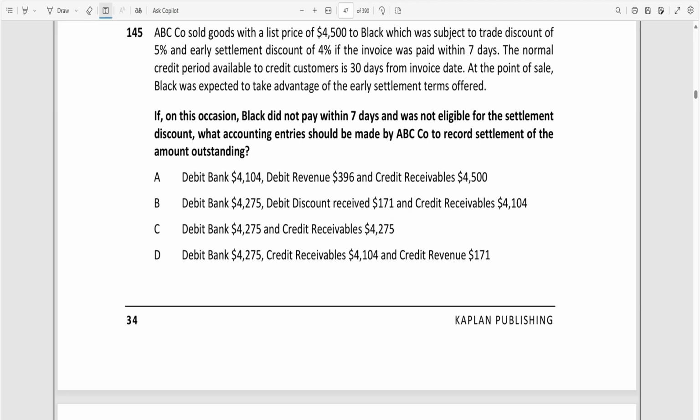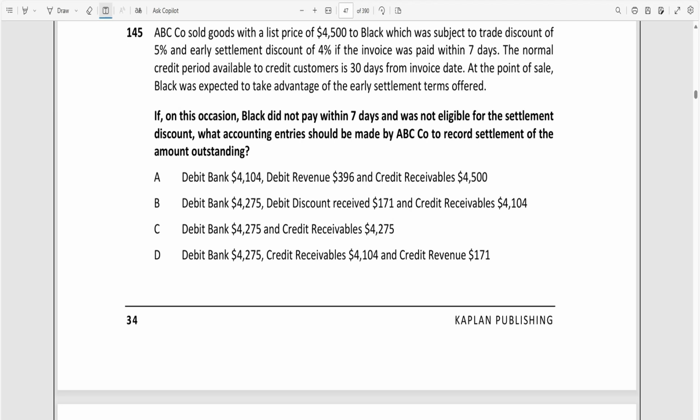Even so, Black did not pay within 7 days and was not eligible for the settlement discount. What entry should be made by ABC company to record this settlement of the amount outstanding?